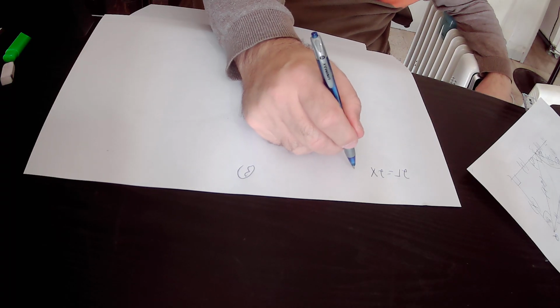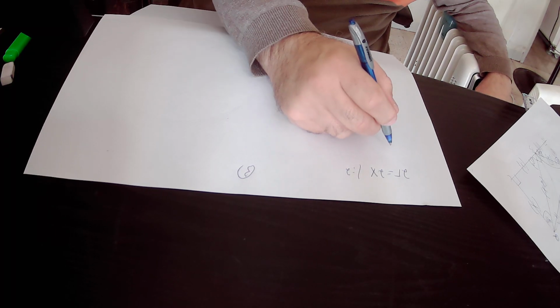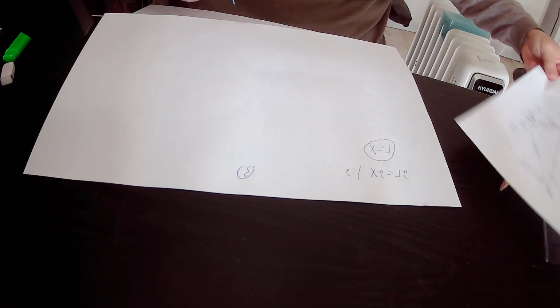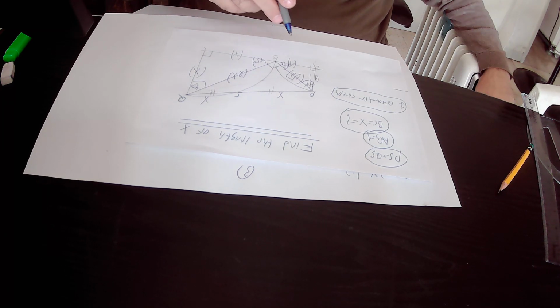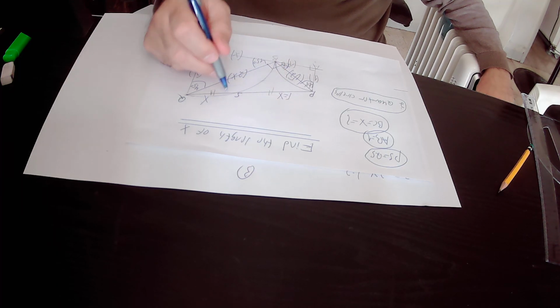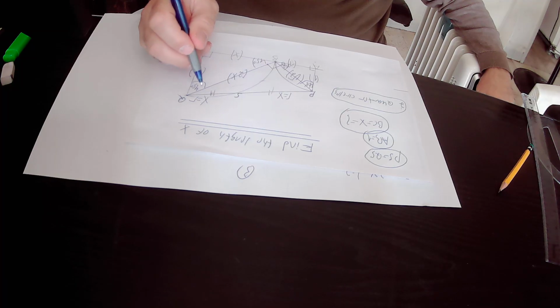Here we divide this equation by 2, and finally we get that R equals X. So we actually found out that X equals R.